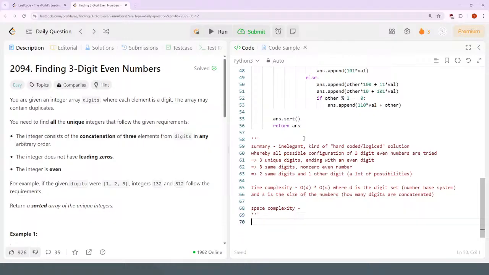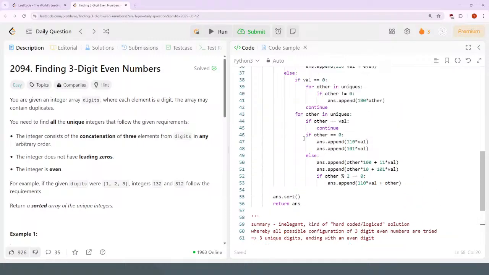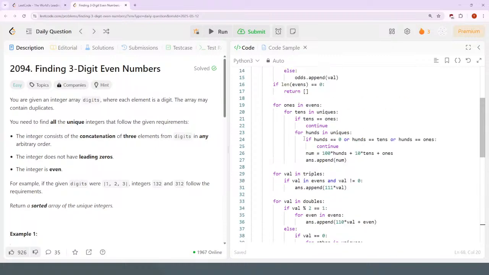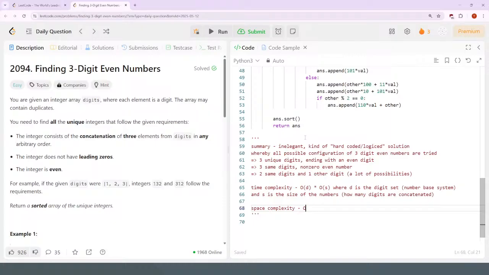This is just a weird time complexity, I think. This is not usual. Space complexity, this is still O of D. You don't really use any extra space here besides the set, so it's O of D for the unique sets, the unique doubles and triple sets that I'm tracking.